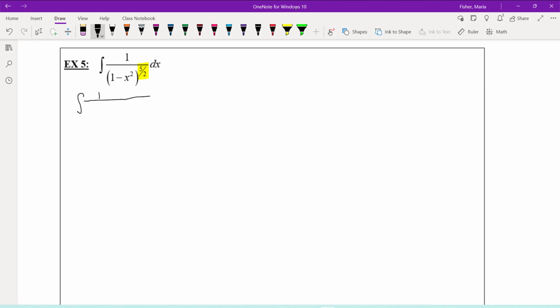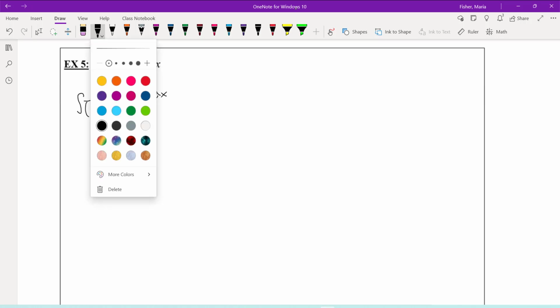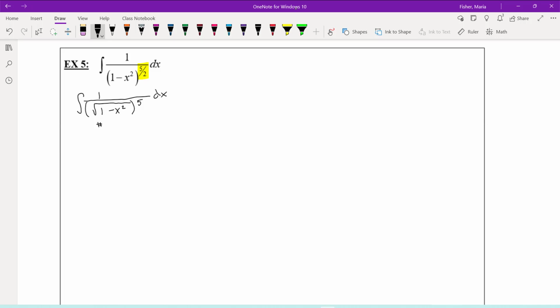So instead of writing it to the 5 halves power, again we can write it as the square root of 1 minus x squared raised to the 5th power dx. Now let's figure out which substitution we need to use. Well, what do we have? We have number minus variable, and when it's number minus variable, we use u equals a sine theta.